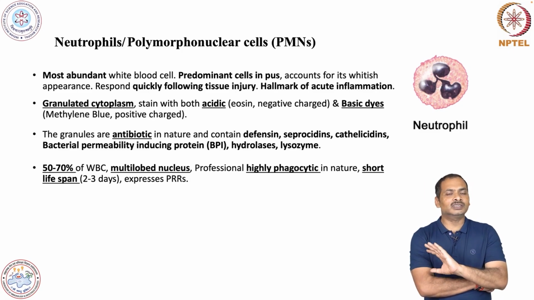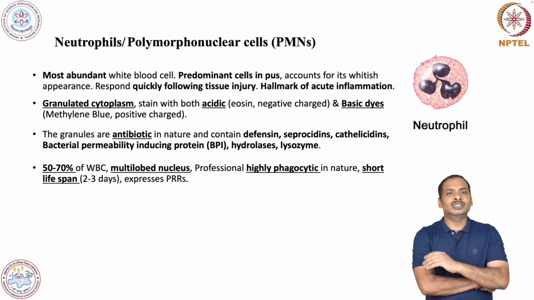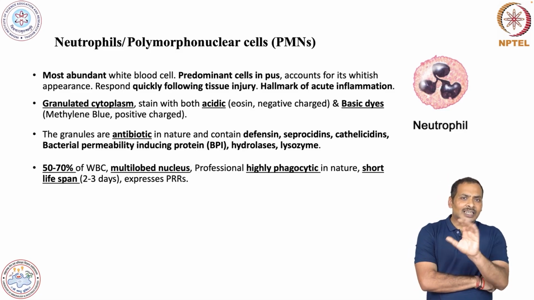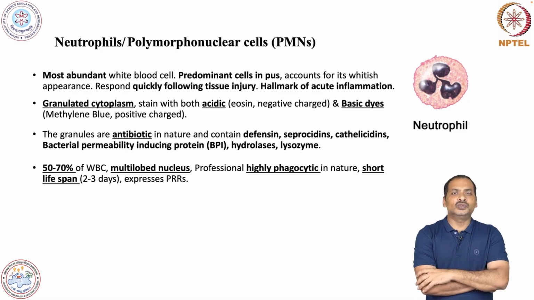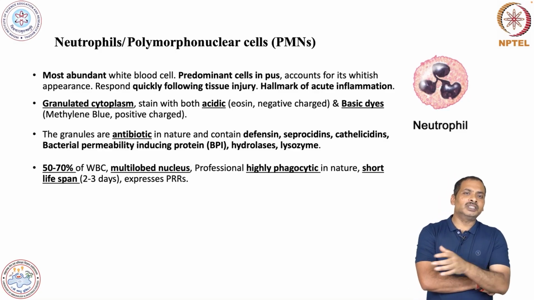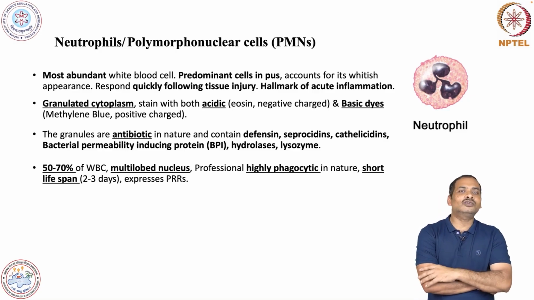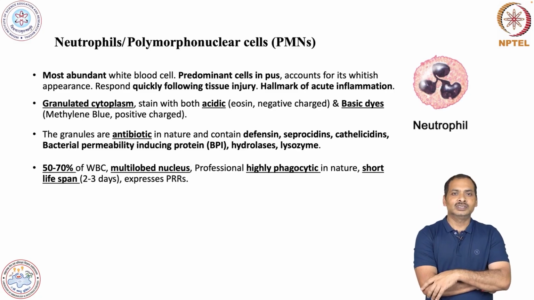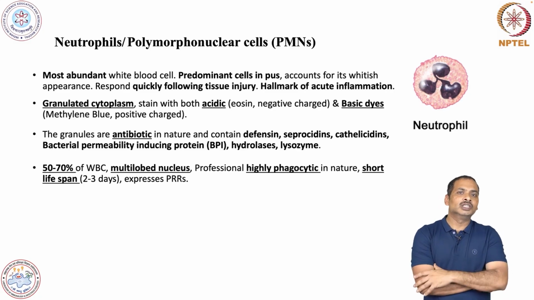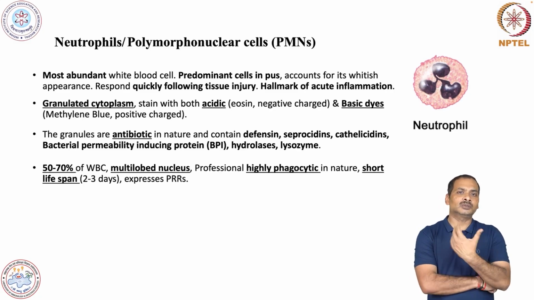That is why their lifespan is very short. And this property is unlike macrophages. Macrophages are not so aggressive. We will discuss the difference between neutrophils and macrophages in a subsequent session.